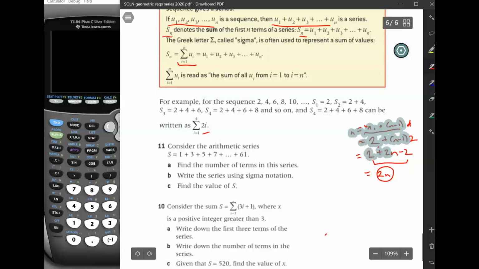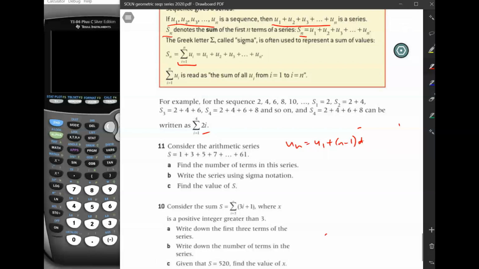So the general term formula is what we copy from the formula sheet, which is Un equals U1 plus n minus 1 times d. In our case, we can see that U1 is clearly 1, and it looks like d would be 2 because all these numbers are separated by 2.